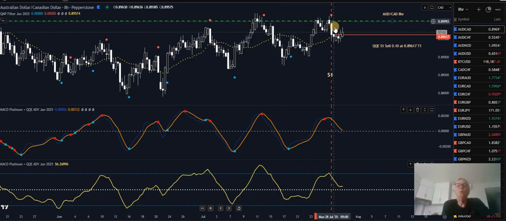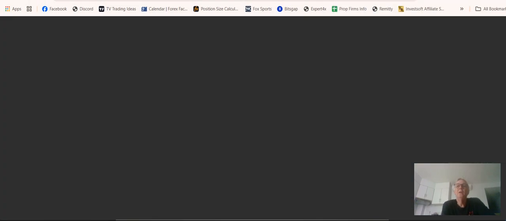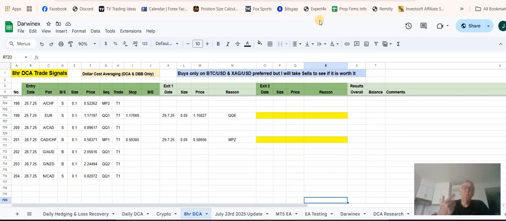If you want, you can go to, let's have a look, I'll just make the screen a bit smaller so it fits in. You go to the shared spreadsheets I post a link to every day, my daily updates. If you go down the bottom, you find all these different sheets. There's one here, 8-hour DCA, which is these current trades I'm talking about. So this is the watch list, the spreadsheet for them.